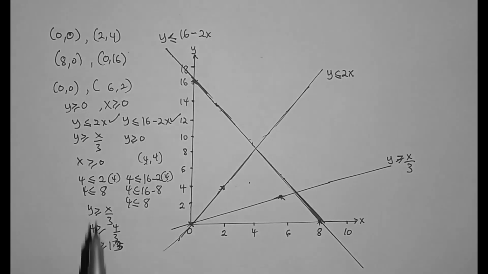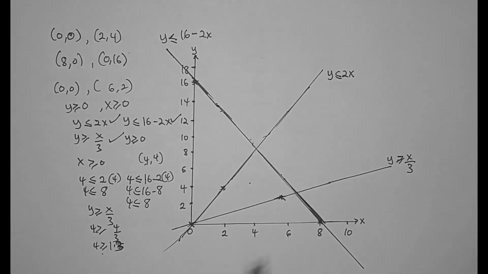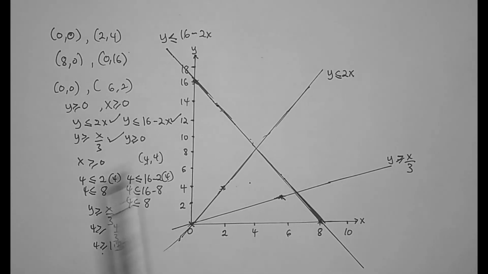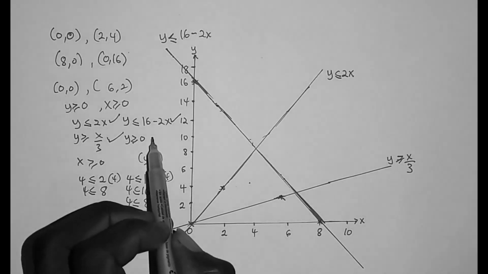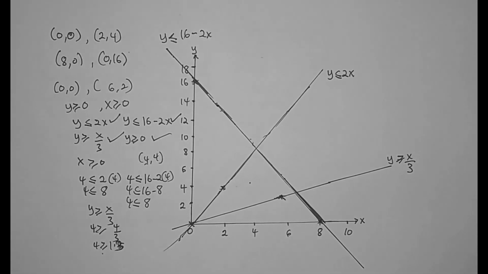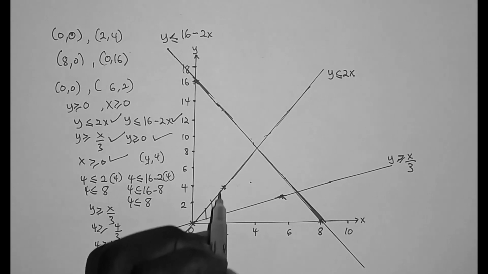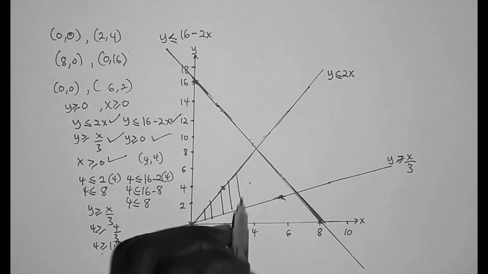The point also satisfies this constraint. Then y is greater than 0. 4 is greater than 0, so it's true. It also satisfies this constraint. And x is greater or equal to 0. 4 is greater or equal to 0. It also satisfies this one. And therefore, the required region is this region of space.